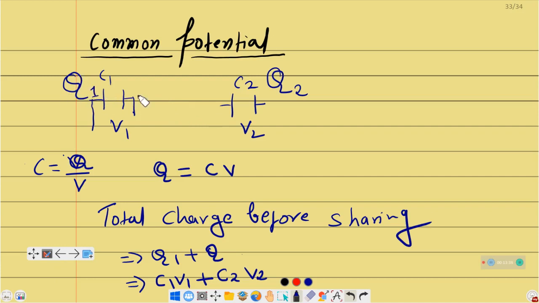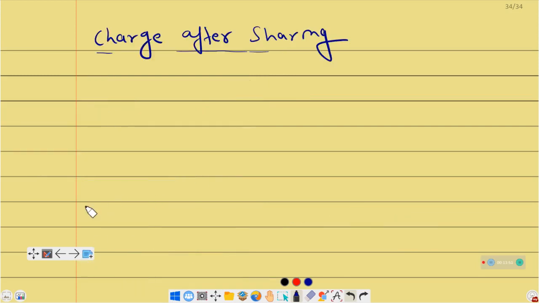Here the charge is Q1 and Q2, and the total charge is Q1 plus Q2. We know that no charge is lost when we connect two capacitors together. This is the conservation of charge, so there is no loss of any charge.